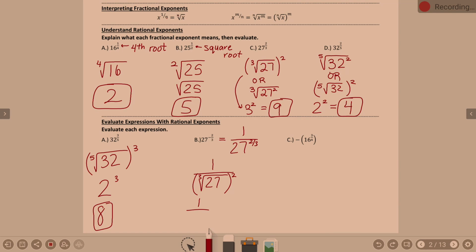It's 3. And then we're going to do 1 over 3 squared. What's 3 squared? 9. So final answer? 1/9. Okay? Be able to follow these steps.